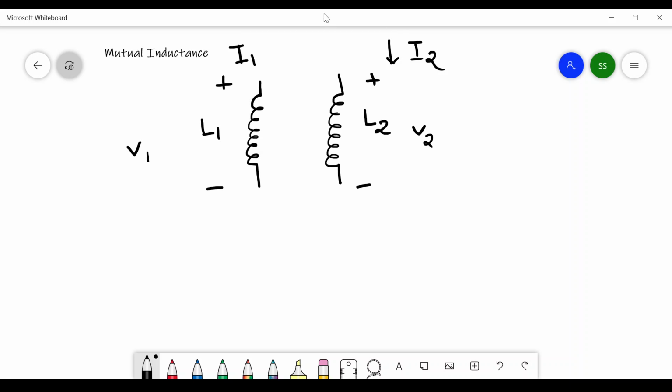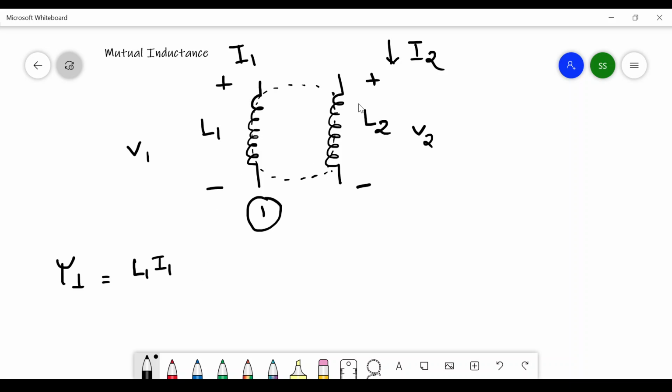Now in this particular coil, coil number 1, the flux linkage phi 1 is L1 into I1. But because of the current in the other coil, there will be some flux which gets linked in this coil also.